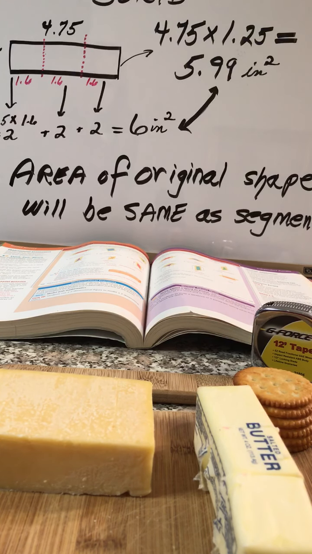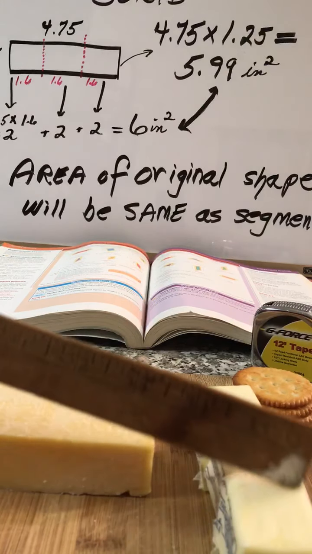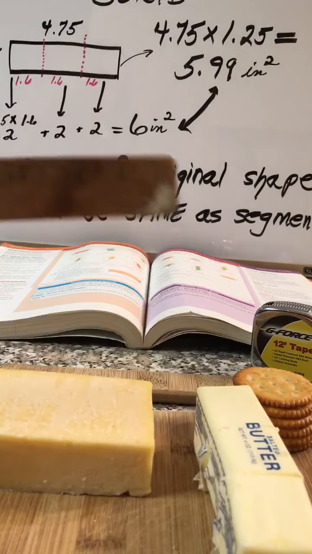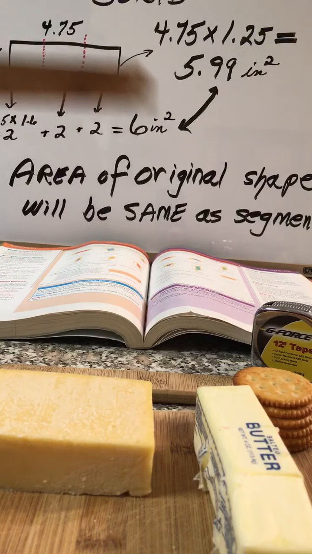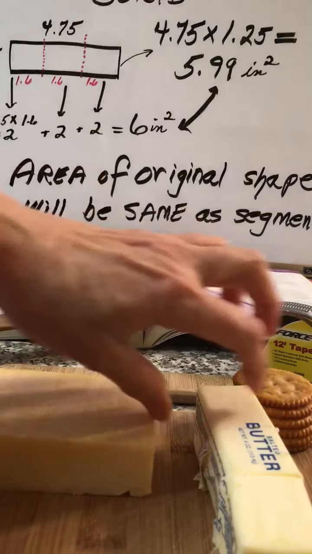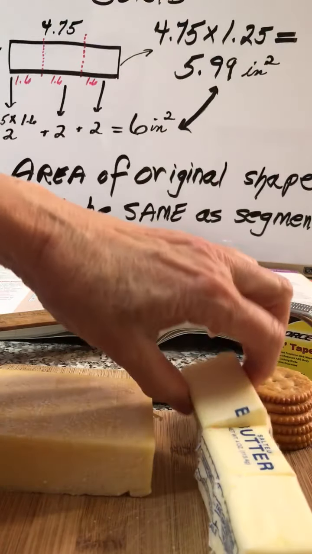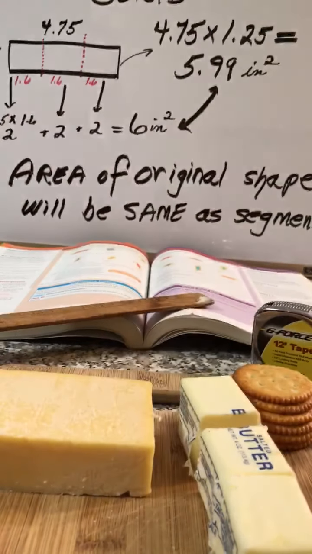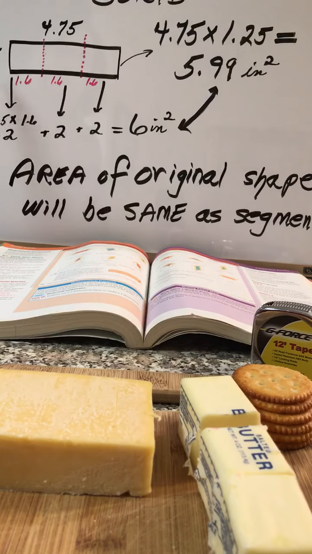Now, if that is 5.99 inches squared, is that the exact same as the area before it was cut? Let's find out. Let's take each segment, that's the before, here's the after. Each segment is 1.25 times 1.6.